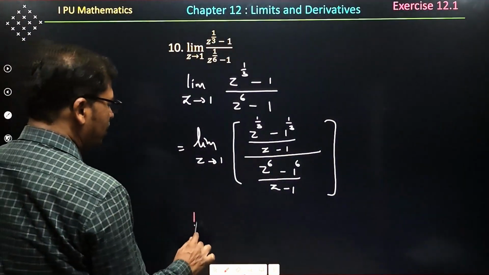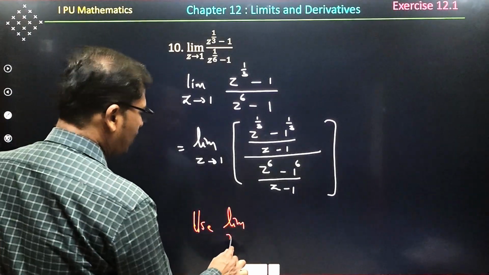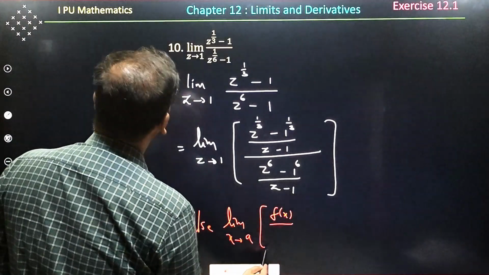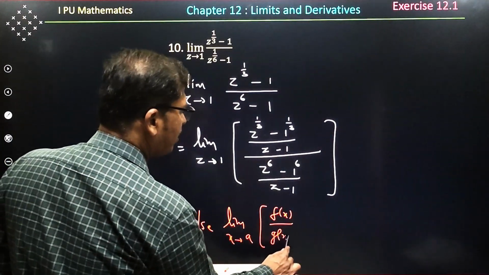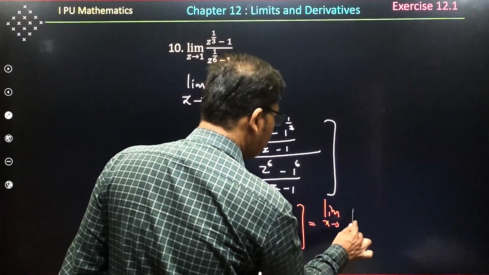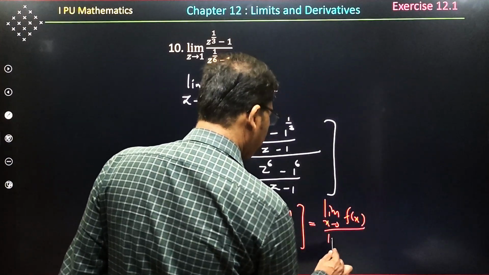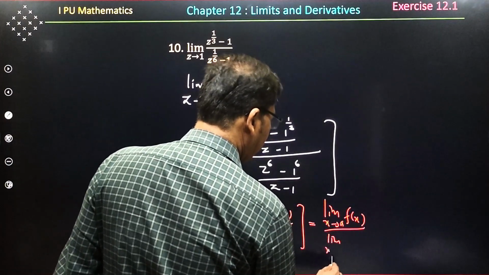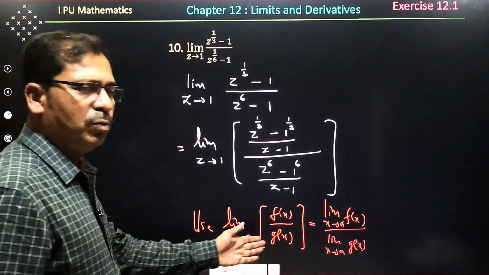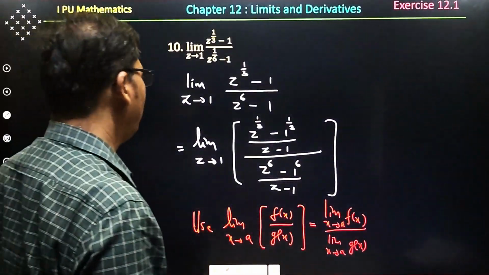Use this result: limit x tends to a, f of x divided by g of x is equal to the limit applied to both numerator as well as denominator, the division rule. So by the rules of limits, the limit symbol can be applied to both numerator and denominator.